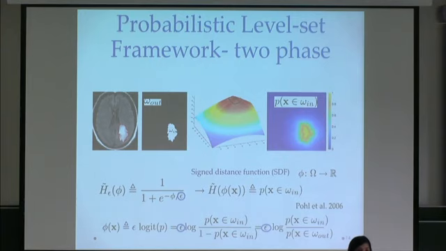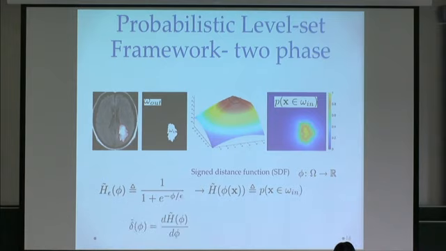If we take the functional and apply the gradient descent formulation, we differentiate the Heaviside of phi and we get the delta function, and with this logistic regression sigmoid, we have this nice property. The delta of phi is actually the smooth Heaviside of phi multiplied by the Heaviside of minus phi. Now, this is for the binary case, the well-known case.